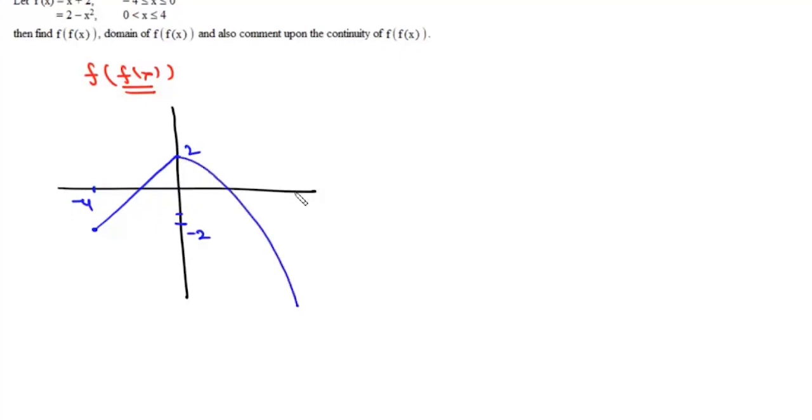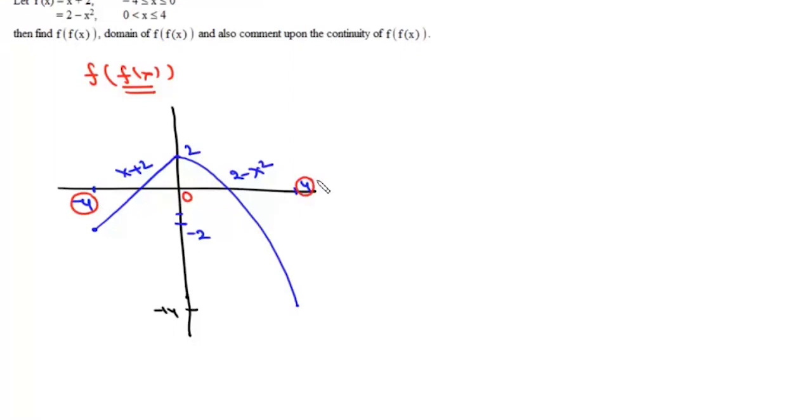So at 4, this is suppose minus 14, not to be scaled. So here this definition is x plus 2, and here this definition is 2 minus x square, and there is a definition change at this point 0, and the boundary points are minus 4 and plus 4.